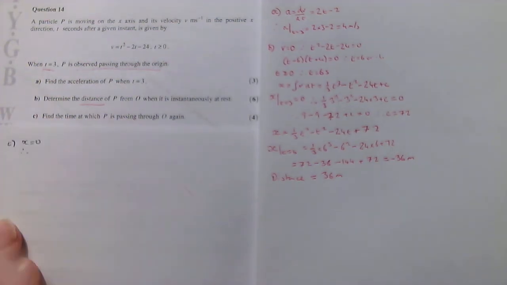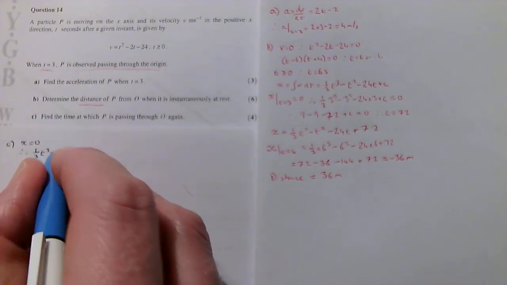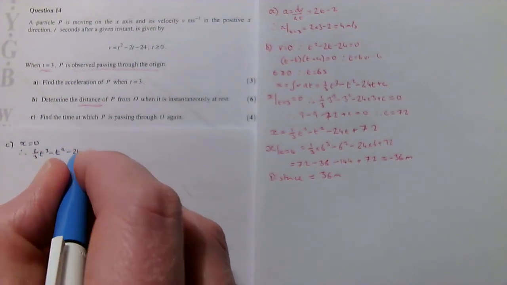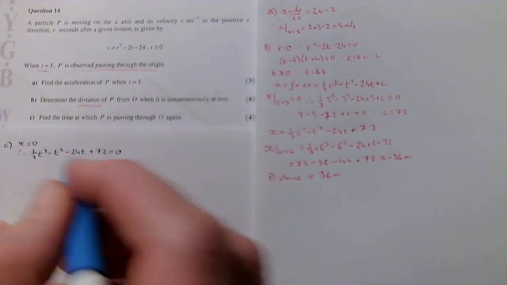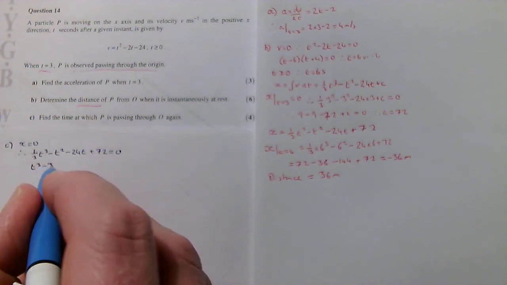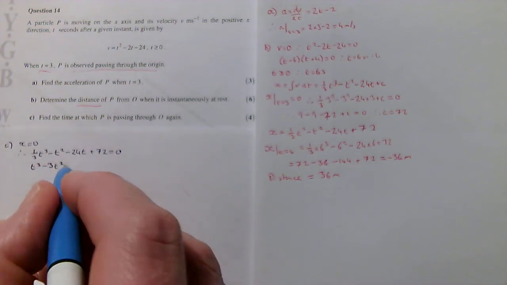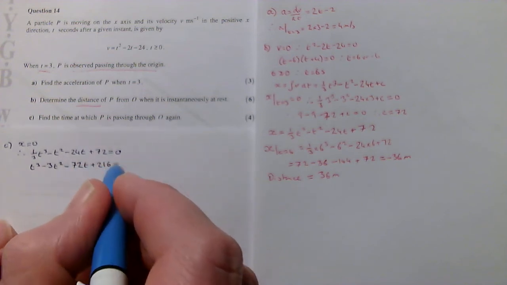So we're saying that a third t cubed minus t squared minus 24t plus 72 equals 0. I don't like the fractions, so I'm going to multiply through by 3, which tells me that t cubed minus 3t squared minus 72t plus 216 is equal to 0.